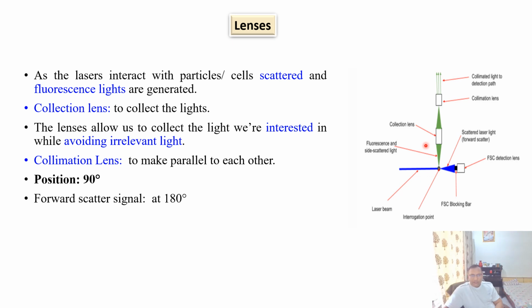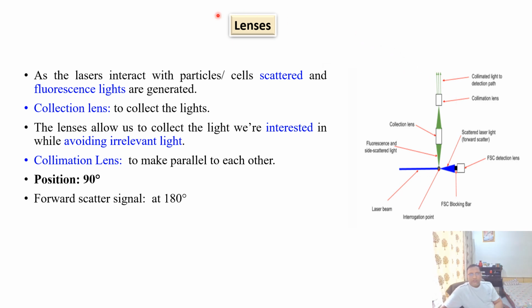The function of the collection lens is to collect the light of the wavelength that we require and avoid other irrelevant light. Then, after collection, the light goes to the collimation lens. Its function is to make the light parallel so that each wavelength does not overlap with the others.